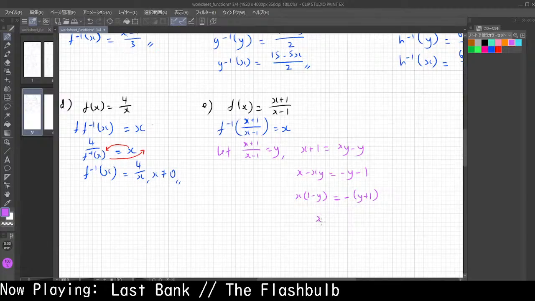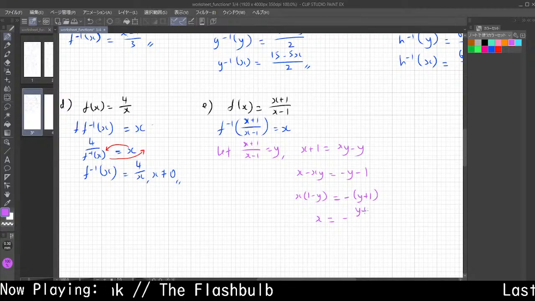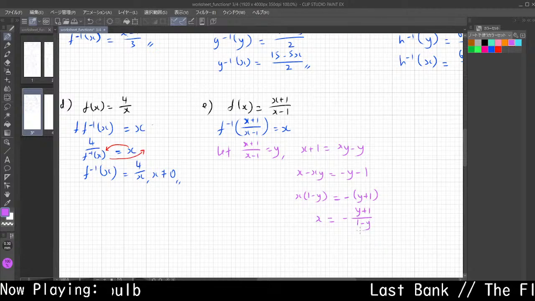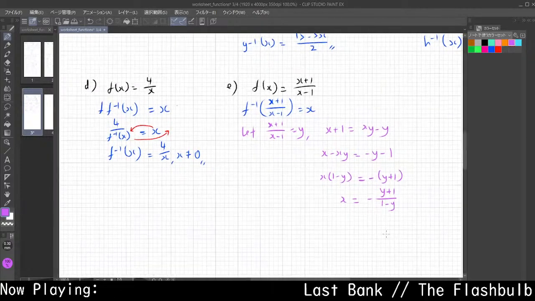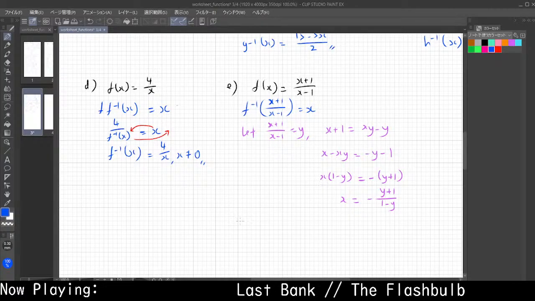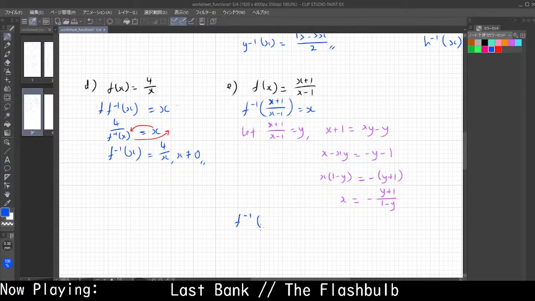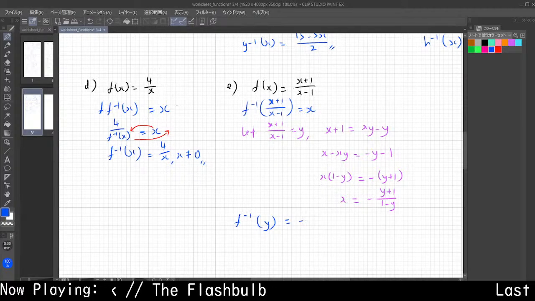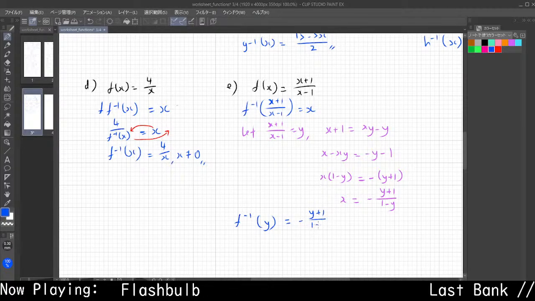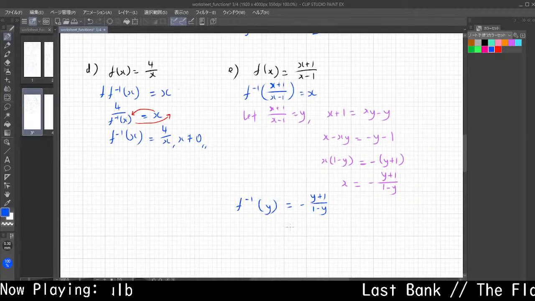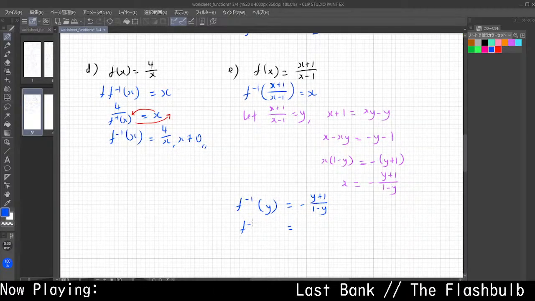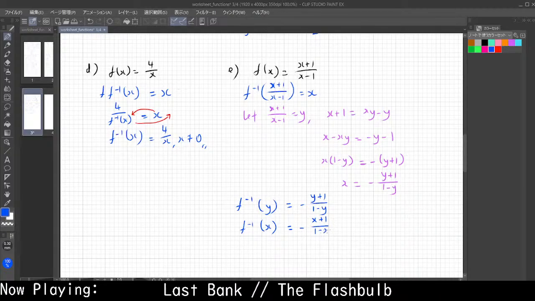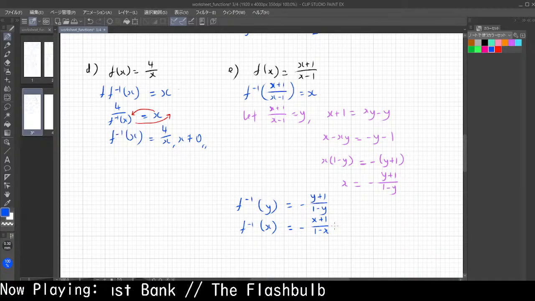You want to isolate x, so 1 minus y brings over to the other side: x equals negative (y plus 1) over 1 minus y. Therefore, your inverse in this case, f inverse of y equals negative (y plus 1) over 1 minus y. This is equal to, in terms of x, negative (x plus 1) over 1 minus x.